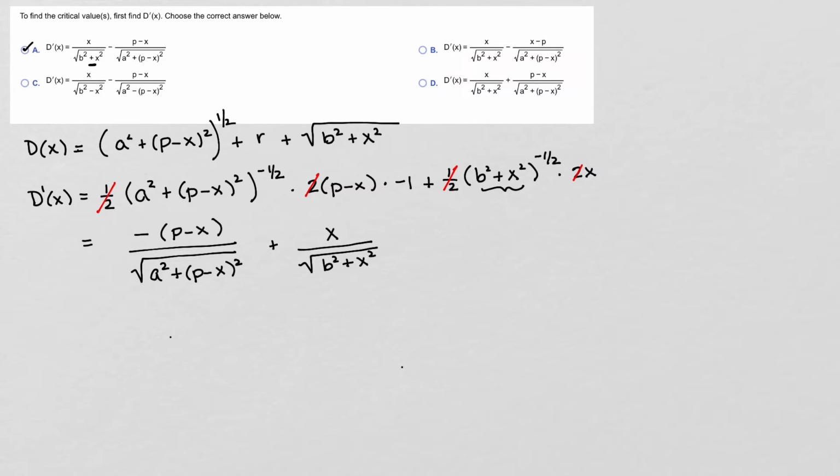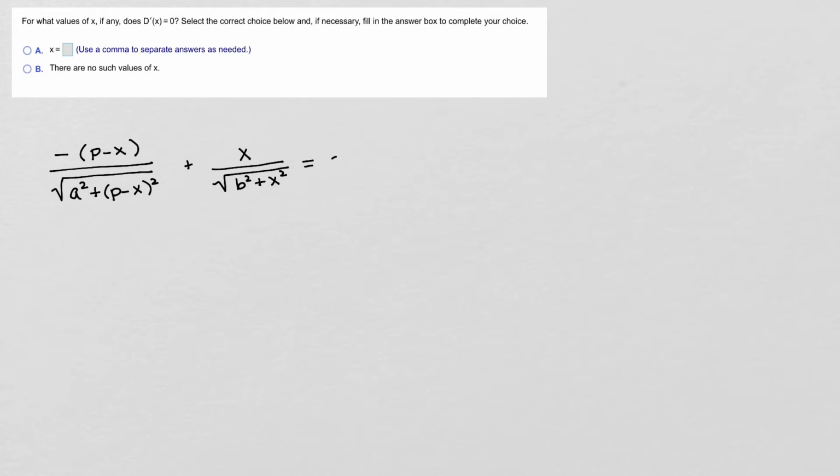Okay, so we've got our derivative, and now we're going to take that derivative and set it equal to 0. So I want to solve this for X. To solve this for X, I'm going to add the first term over to the other side so that I end up with X over the square root of B squared plus X squared equals (P minus X) over the square root of A squared plus (P minus X) squared.